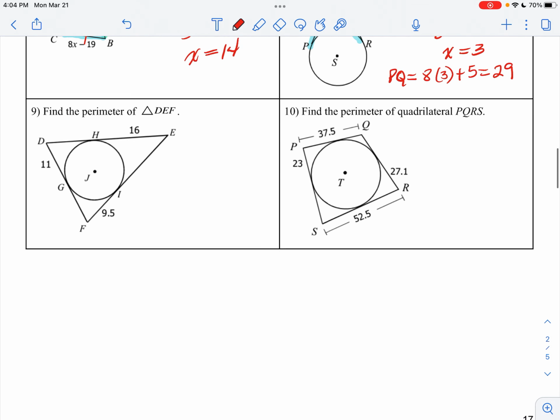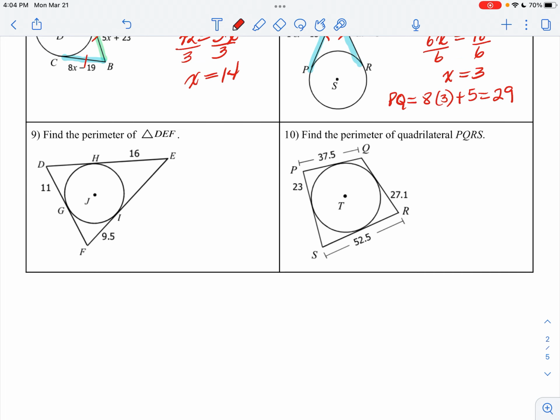All right, so let's see how we use this property. We're going to find the perimeter of DEF, which is this polygon that is circumscribed around the circle, circle J. So we know that this segment and this are the same, so that's 11. This segment and this are the same, so this piece is 16. This segment and this segment are congruent, so this is 9.5. Perimeter is the distance around.